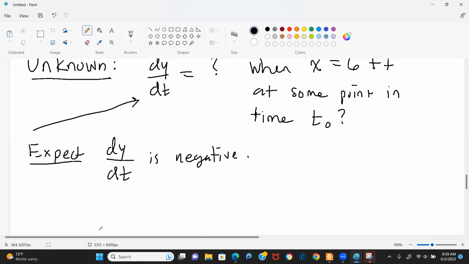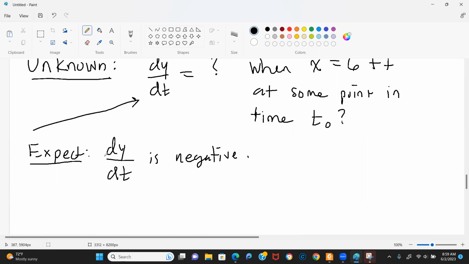It's always good to write down what your expectation is, or what your conjecture is. Because if you get something that is contrary to what you expect, that should be an indication that you maybe did something wrong.